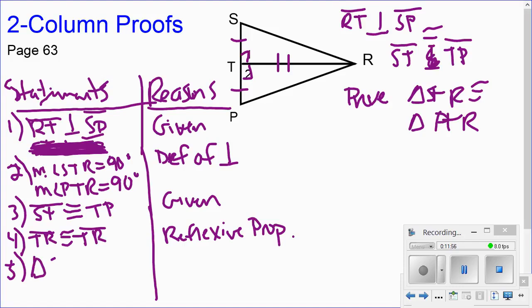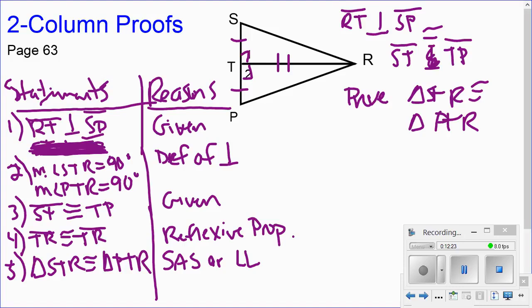Triangle STR is congruent to triangle PTR. Now, if they didn't already give us this congruent statement, we'd have to make sure we had the corresponding parts in the correct order. Our reason is, again, we have either side, angle, side, or if you want to call that leg, leg, because these are right triangles, leg, leg would also be acceptable for a reason for why the triangles are congruent.